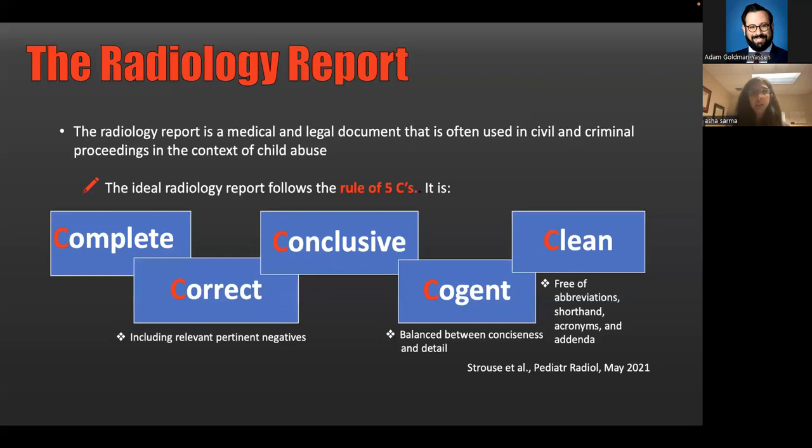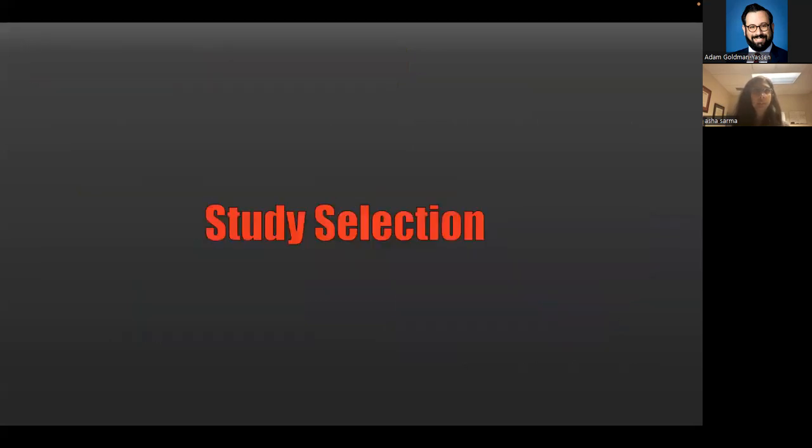It should be conclusive, although there are times where it's appropriate to express uncertainty, but that should be expressed clearly as well. Cogent, meaning balanced between conciseness and detail. And clean, so free of abbreviations, shorthand, acronyms, and addenda that can be confusing to people.